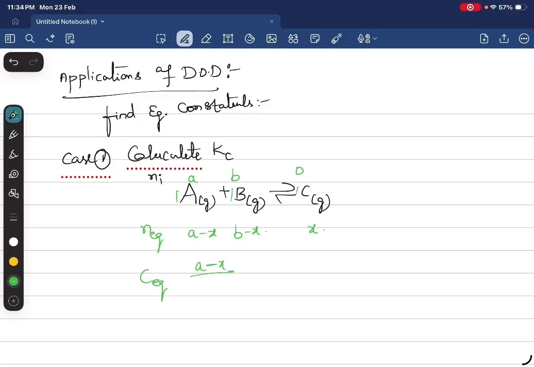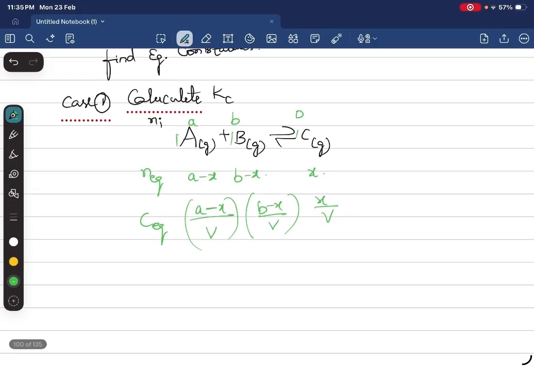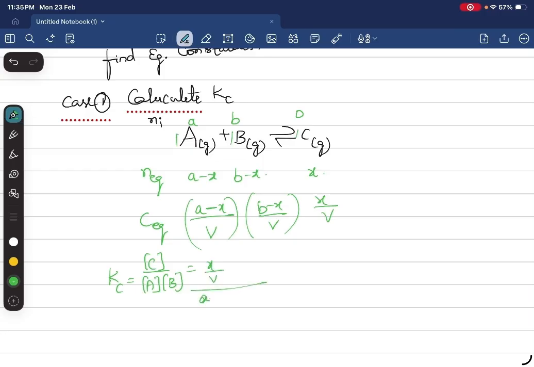Concentration is nothing but number of moles by volume, so A minus x by V, B minus x by V and x by V. So here Kc, how can we write it? Kc is nothing but product concentration by reactant concentration, so x by V by A minus x by V into B minus x by V. This is how we can write the equilibrium constant.